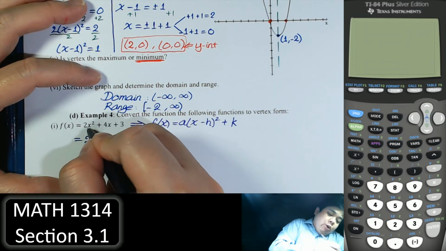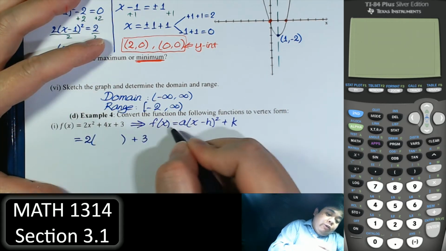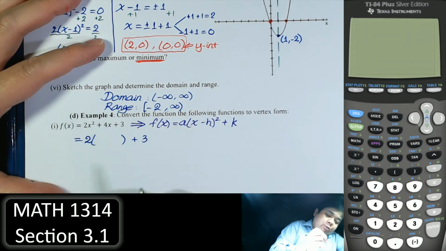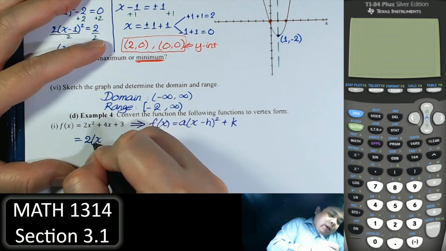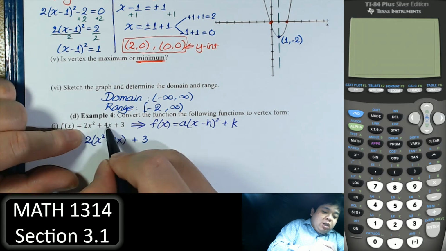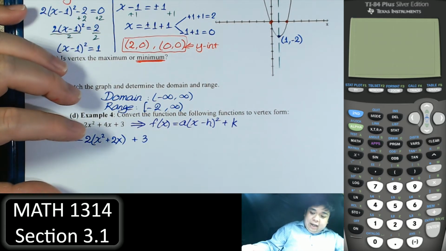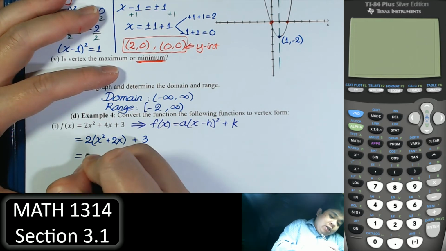So just factor out the 2, the leading coefficient. So a is going to be 2. Now we have x² + 2x. Now we do the completing of the square.